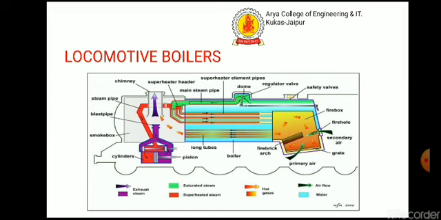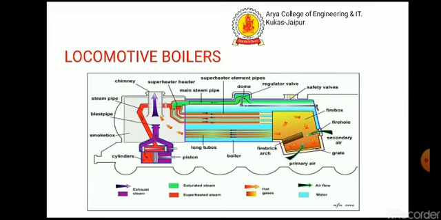The hot gases pass through a large number of fire tubes and enter the smoke box. The circulation of air and hot gases is improved by induced draft produced in the smoke box, while the gases circulate through the tubes surrounded by water.